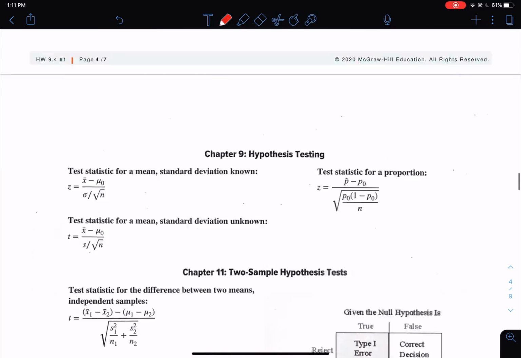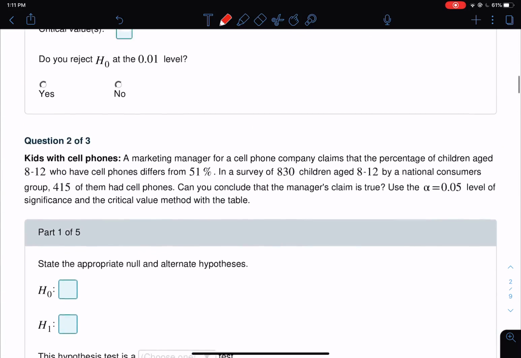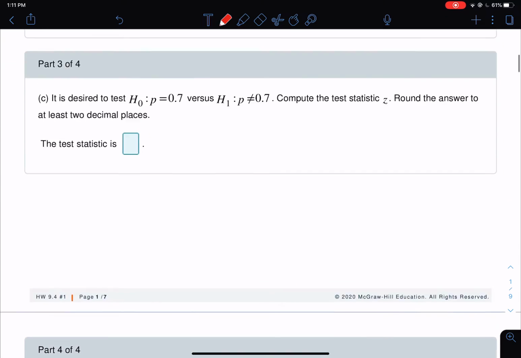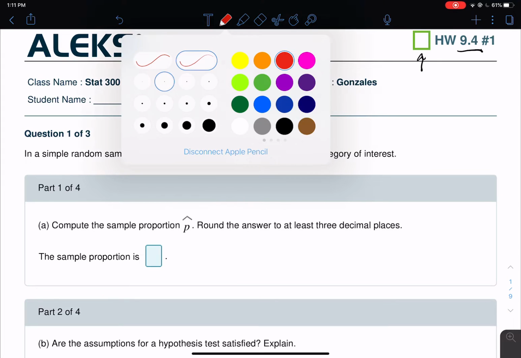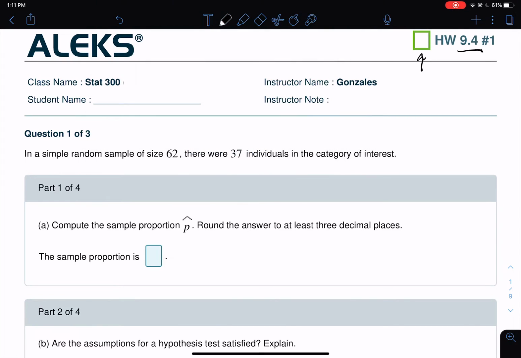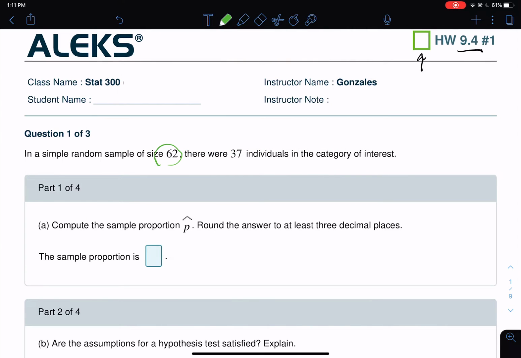Let's take a look at problem number 1 and see if we can answer that question now that we know some of the proper notation. In a simple random sample, the sample size is n. There were 37 individuals in the category of interest.